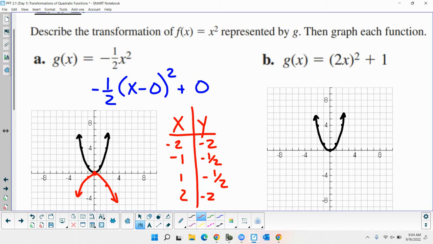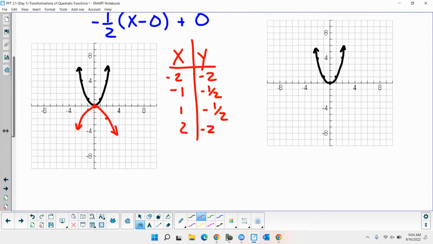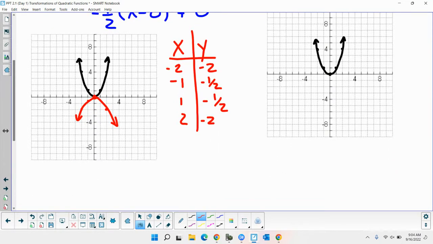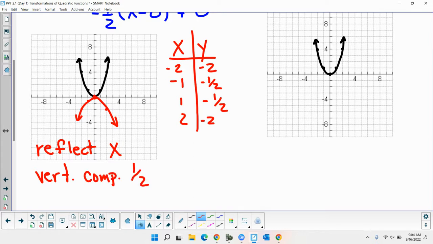So it's a vertical compression. I guess we should describe it, because that's what it said. So we reflected about the x, and we did a vertical compression by 1/2.